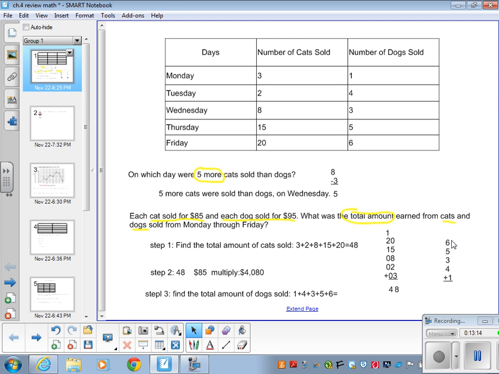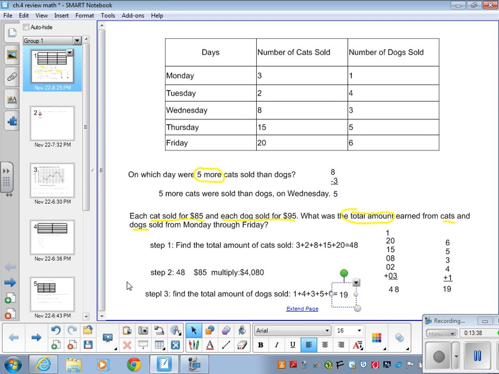I'm going to go through my thinking process. 6 plus 5 is 11, plus 3 more, 12, 13, 14, plus 4 more, 18, plus 1 more, 19. If you said that they sold 19 dogs, you are incredible. They sold 19 dogs.